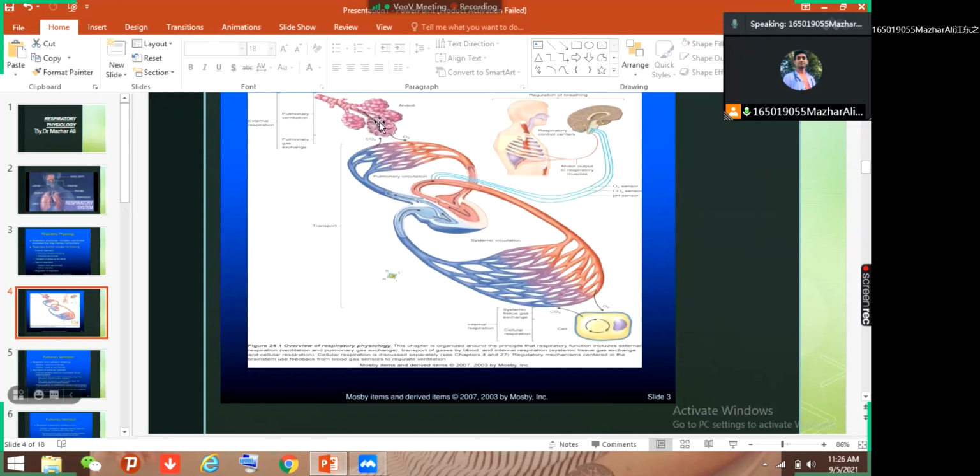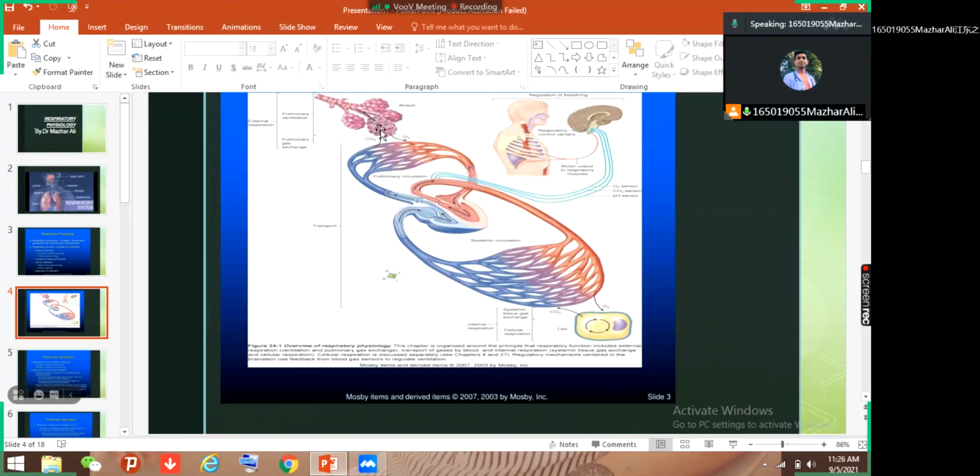The connection between the alveoli and the external environment we call pulmonary ventilation. There is also a term, alveolar ventilation: how gas exchange takes place between the environment and the alveoli, how oxygen comes into the alveoli and how carbon dioxide leaves the alveoli.